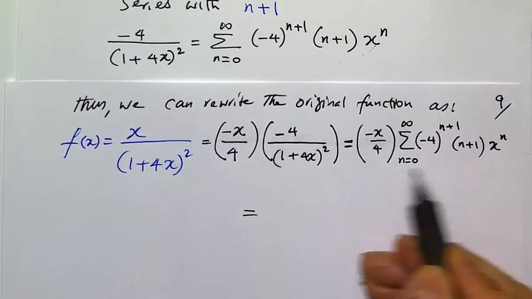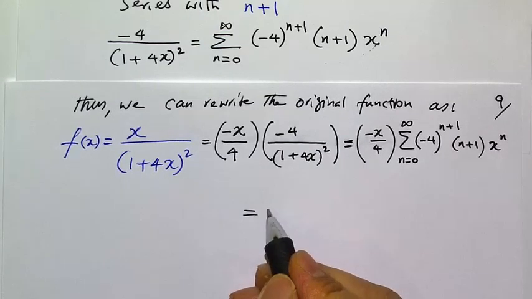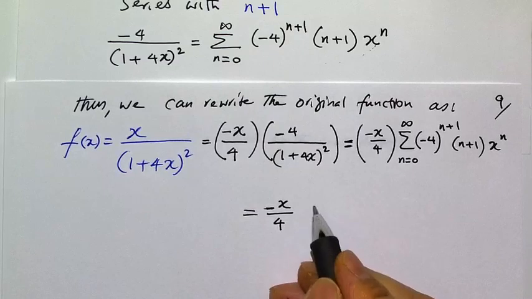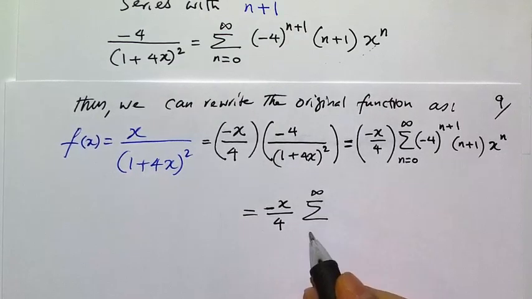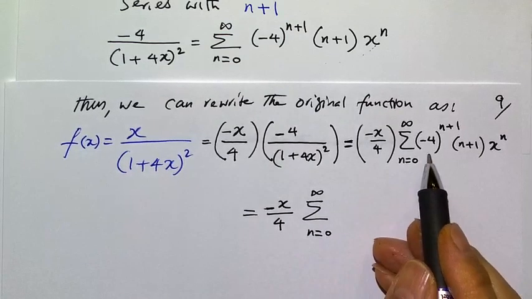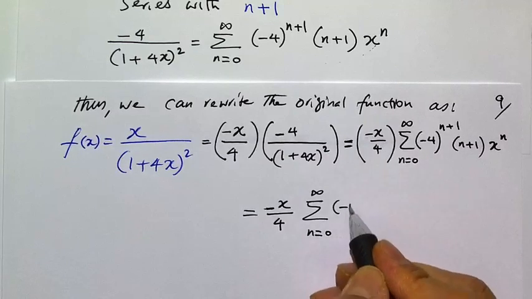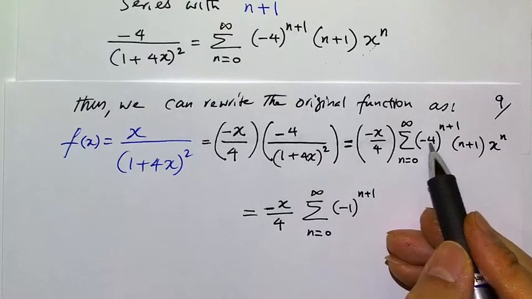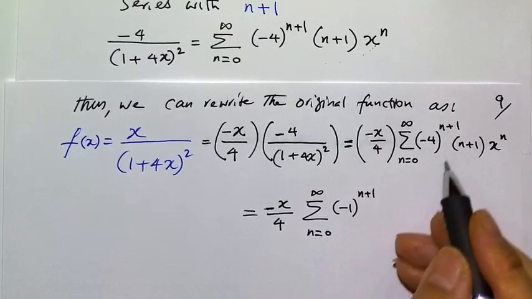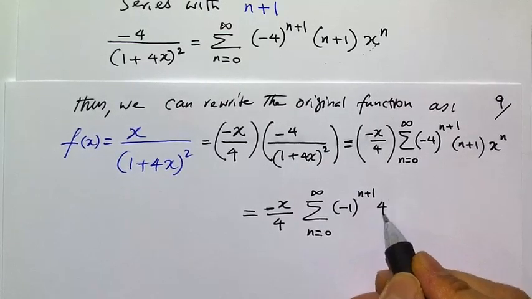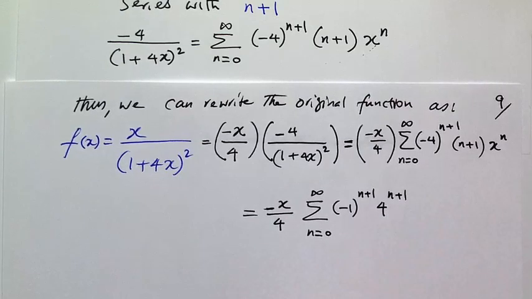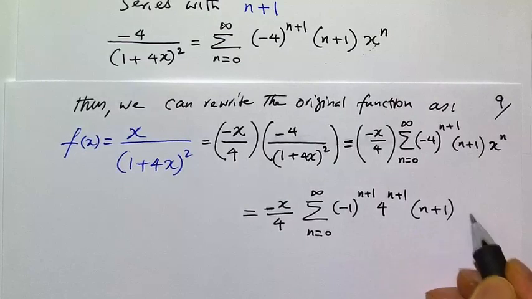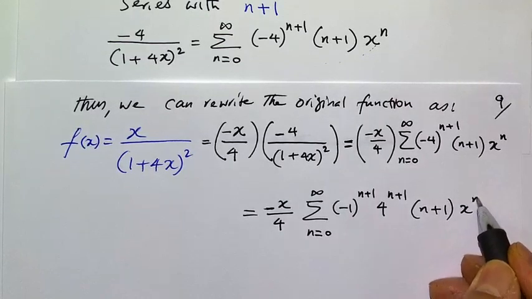But this is what we're simplifying. So we have minus x over 4 times the series, and I'm going to put minus 1 to the n plus 1, I'm just separating the minus and the 4, and then times 4 to the n plus 1 power. And then n plus 1, I'll keep it for now, times x to the n power.